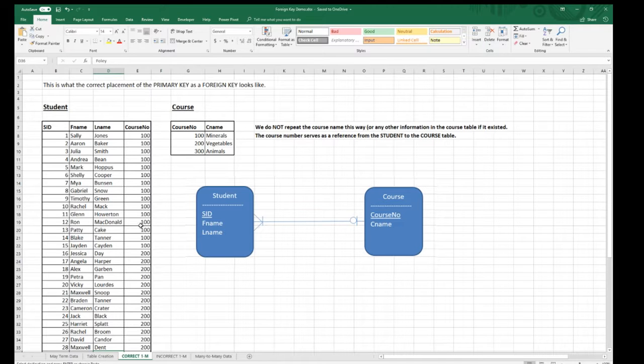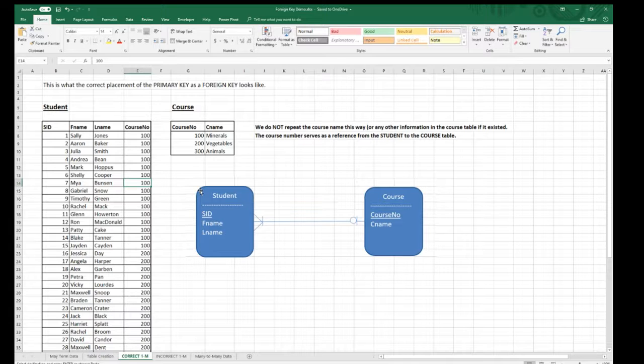So what we have here is we've taken the course number and we've added it to the student table. It's now a foreign key. And so on the ERD, I'd represent that over here. Now the question is, do we have repeated information? We certainly see the same course number multiple times.